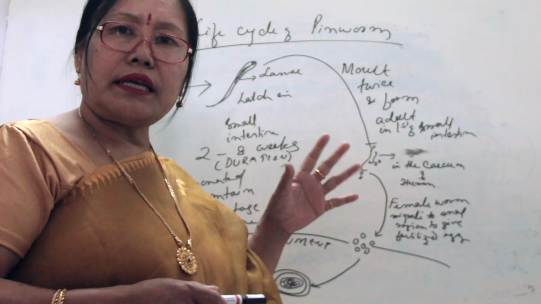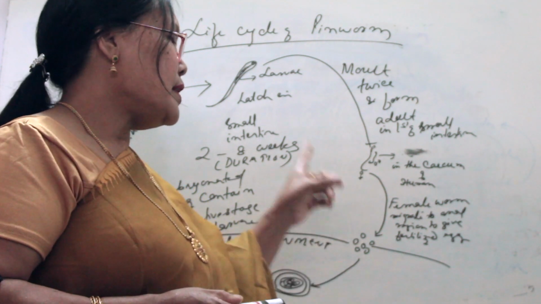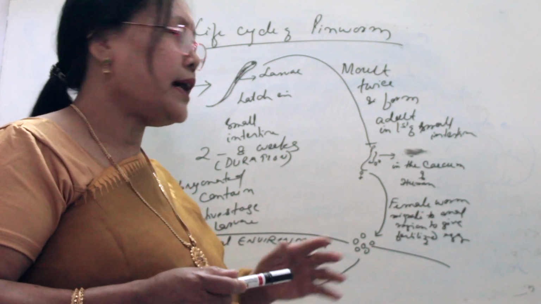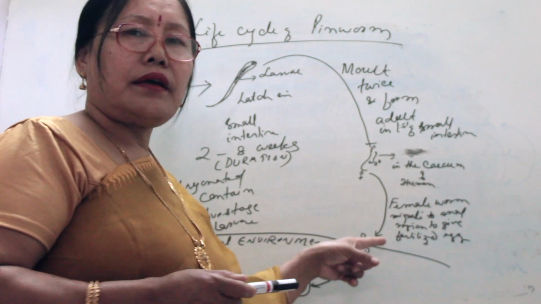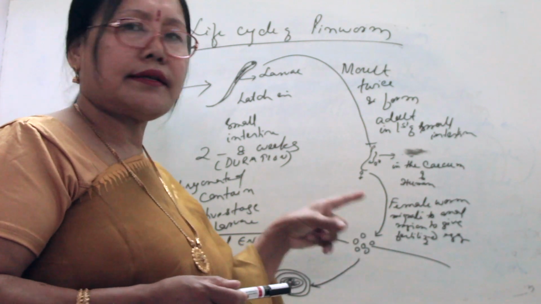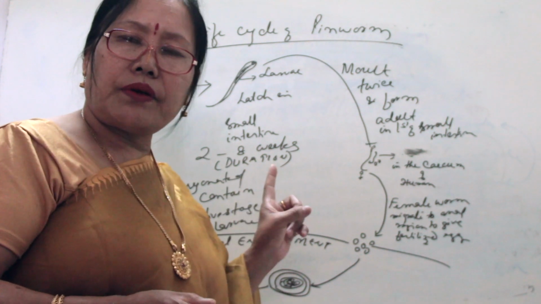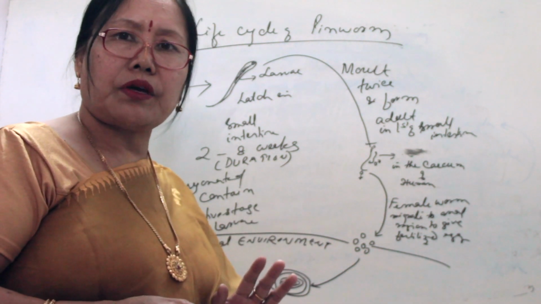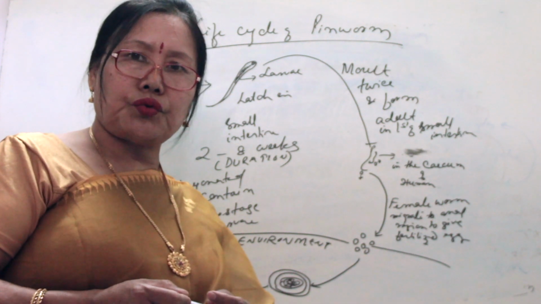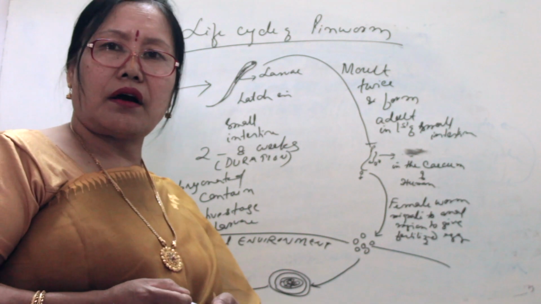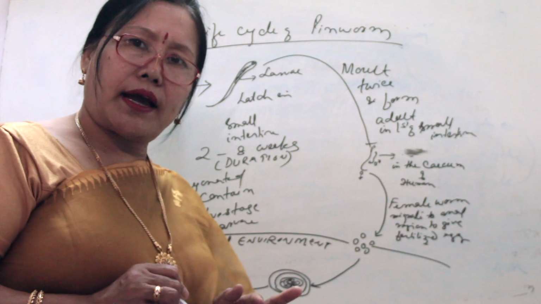After molting twice, it develops into fully grown male and female worms, which get fertilized, and the fertilized female worm migrates to the anal region, where it gives fertilized eggs. These are all about the life cycle of pinworm or Enterobius vermicularis, and the duration of the whole life cycle for this parasite is 2 to 8 weeks.